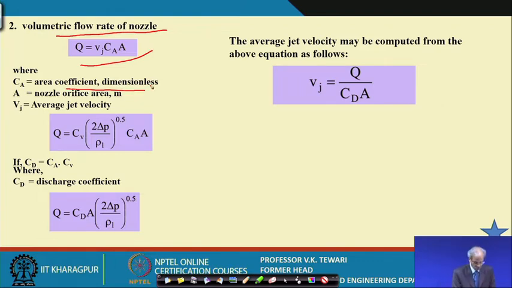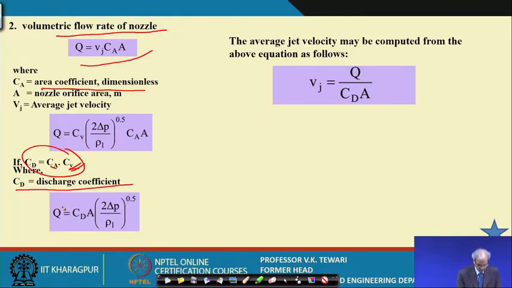Then we have the relationship between Ca and Cv, where Cd is the discharge coefficient and Ca is the area coefficient. So, the discharge coefficient and area coefficient are related like this, where Cv is the velocity coefficient.